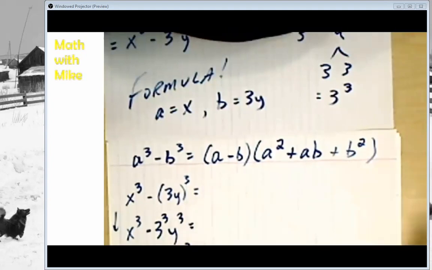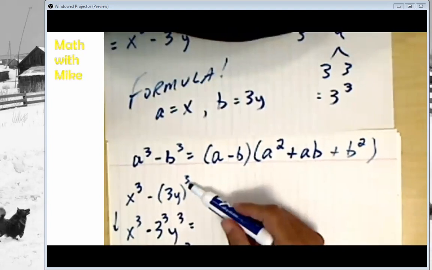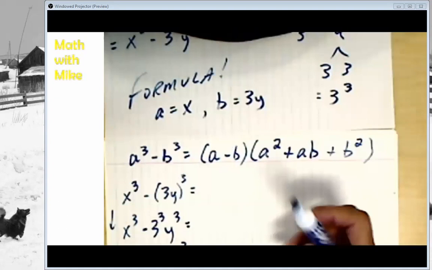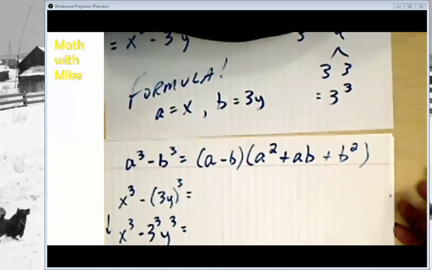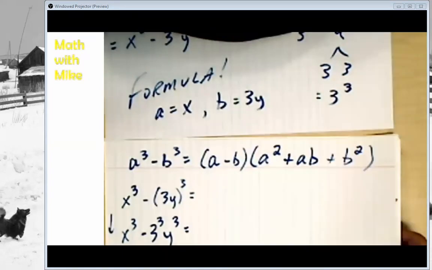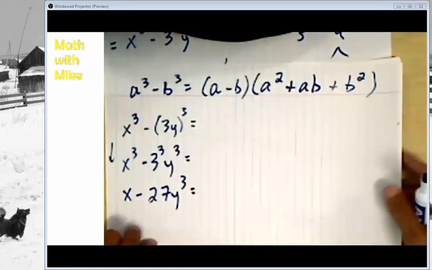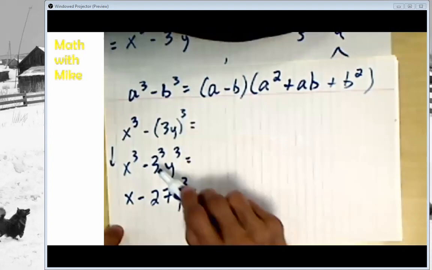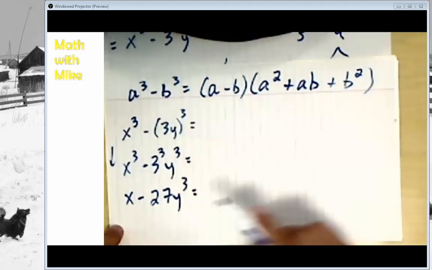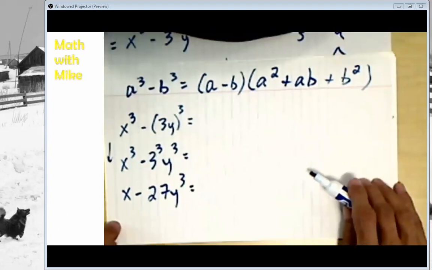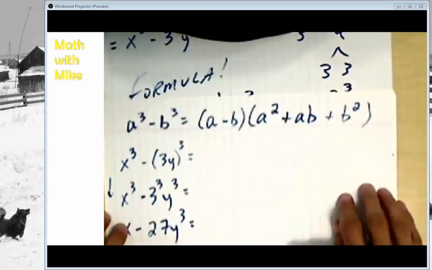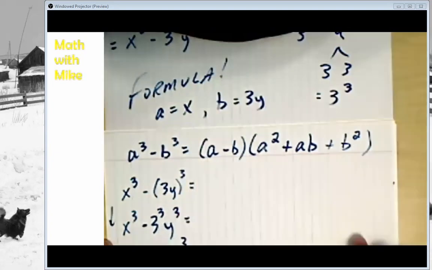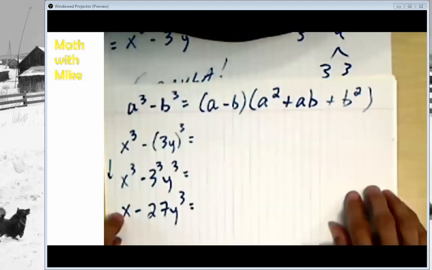Okay, the 3 on the outside, it's upstairs, stays upstairs, but it goes to each term on the inside. And then 3 to the power 3 is 27, as we saw in the very beginning. Okay, so just replacing A with X and then B with 3Y all the way along, with some simplifying there afterwards.